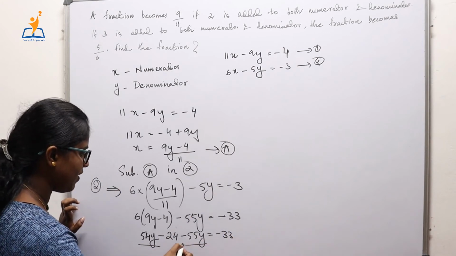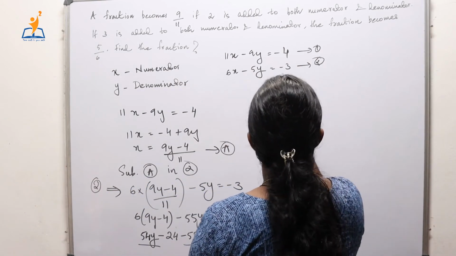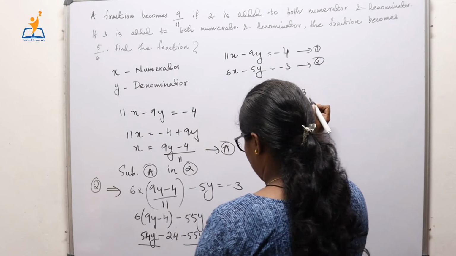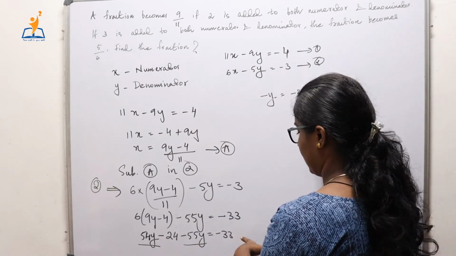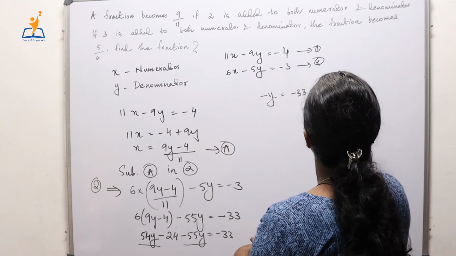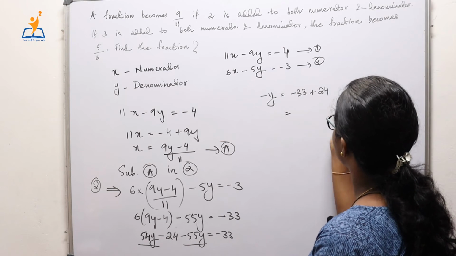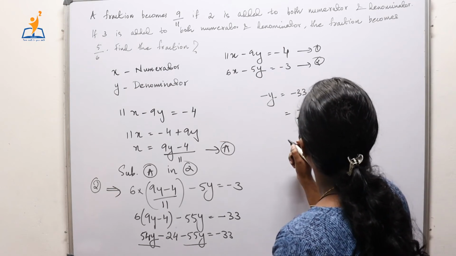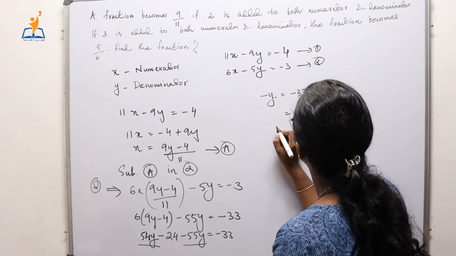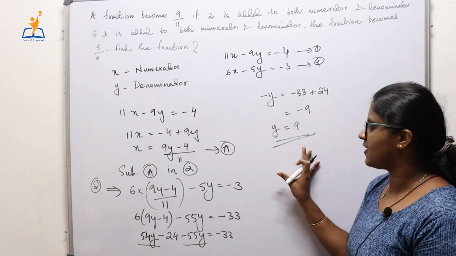Solving 54y minus 55y, we get minus y equals minus 33, and the 24 which is subtracted here becomes added there, so minus 33 plus 24. Therefore minus y equals minus 9, and we have y is equal to 9.